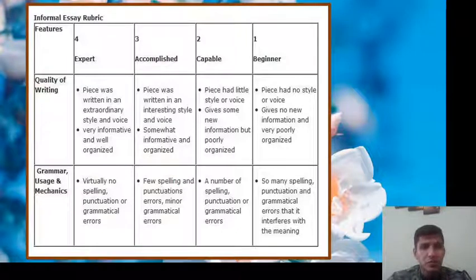Number 3, for example, the piece was written in an interesting style and voice, somewhat informative and organized, with few spelling and punctuation errors and minor grammatical errors. Number 2, capable. And the last one, number 1, is beginner. That means the lowest score that students can get.